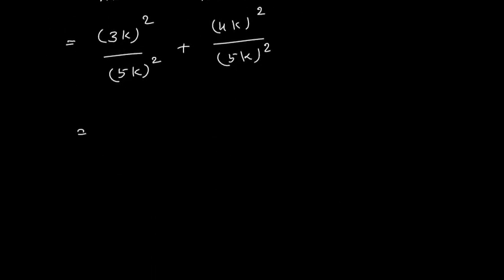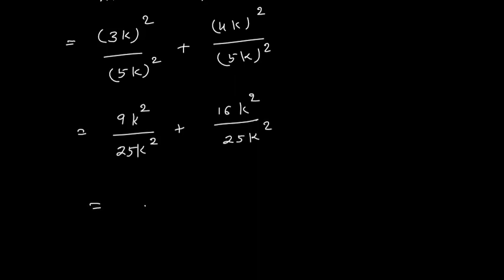So this is 3 3 the 9K square upon 25K square plus this is 4 4 the 16K square upon 5 5 the 25K square. So our denominator is 25K square and numerator is 9K square plus 16K square.